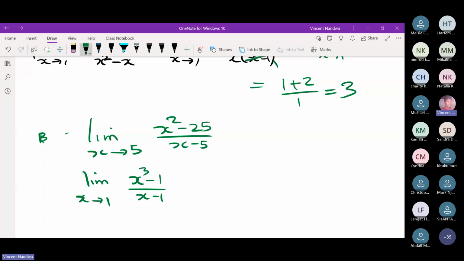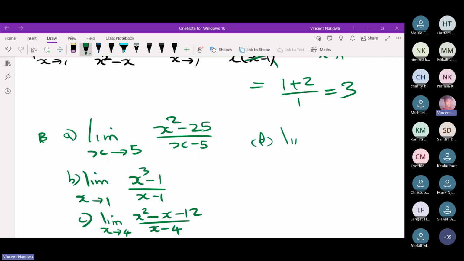C: the limit as x approaches 4 of x squared minus x minus 12 over x minus 4.